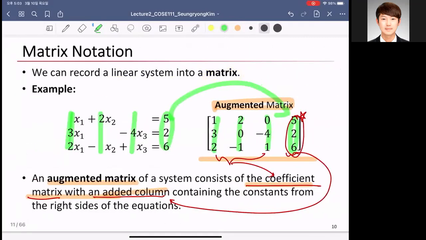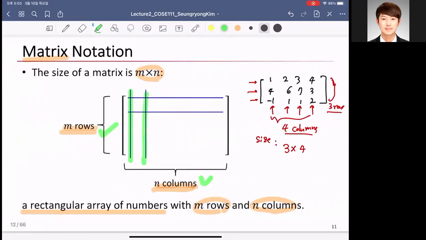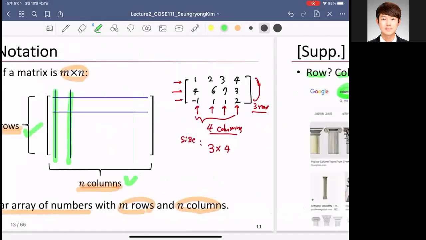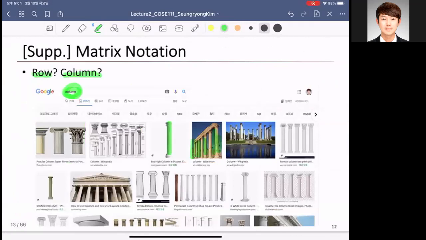If we consider the right-hand side of the linear system as well, it becomes the augmented matrix. The size of a matrix is defined as m rows and n columns, or m by n. And the definition of the row, please remember this page. 그렇죠? 이렇게 row가 이렇게 컬럼 이렇게 생겼다는 거.